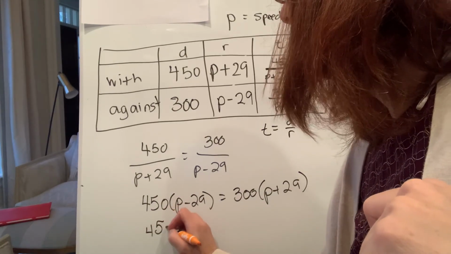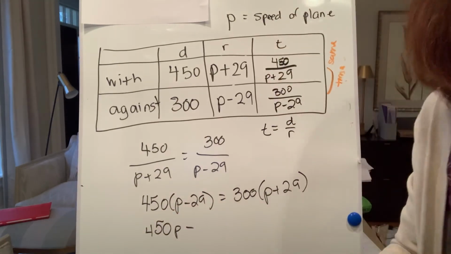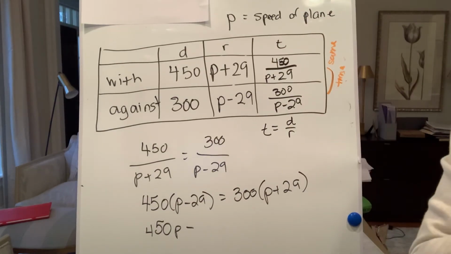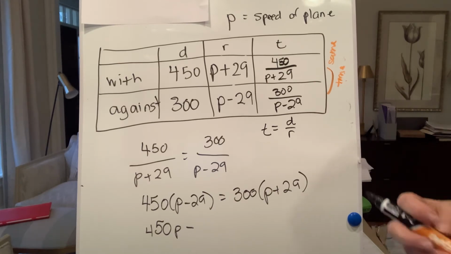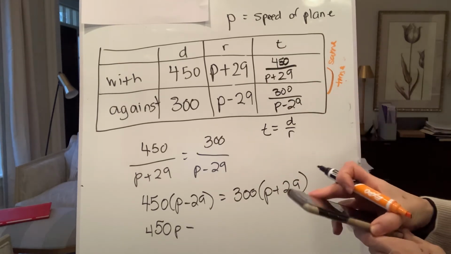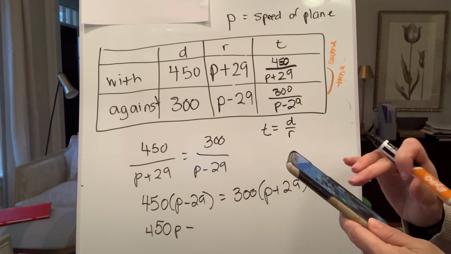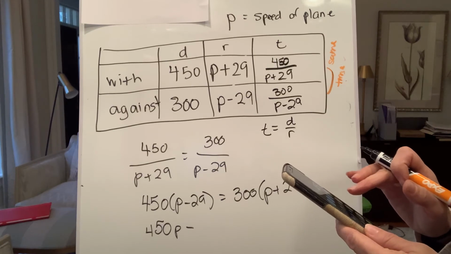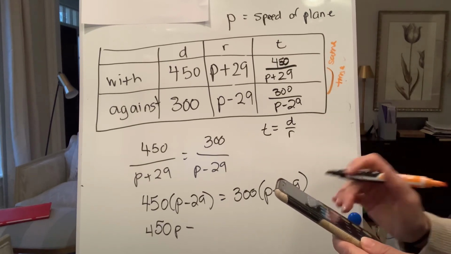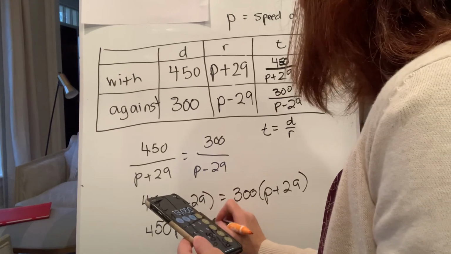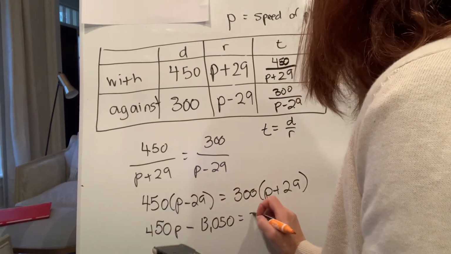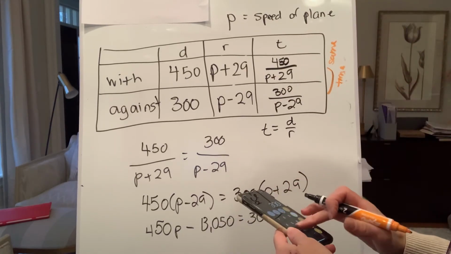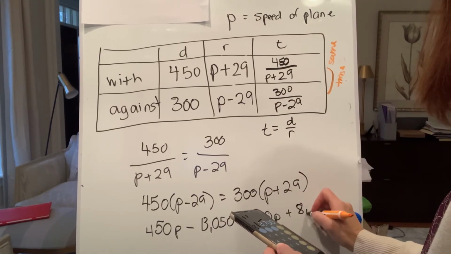Multiplying that out, I get 450P minus 450 times 29, which is 13,050, equals 300P plus 8,700.